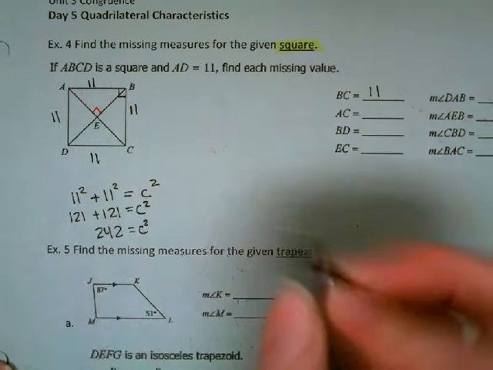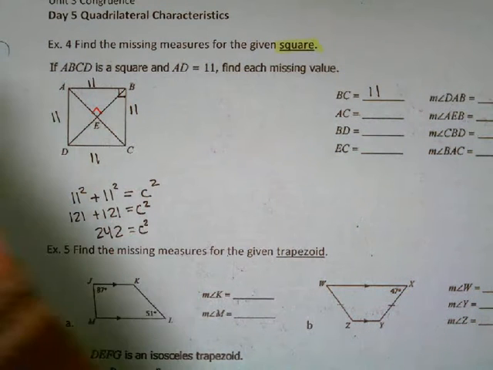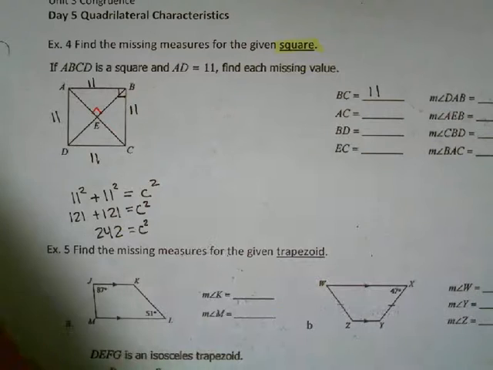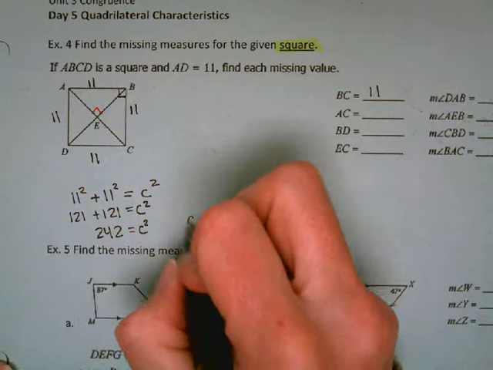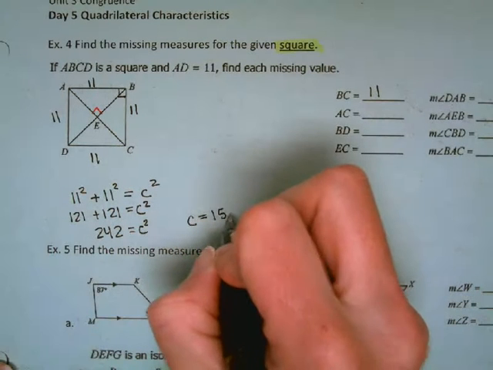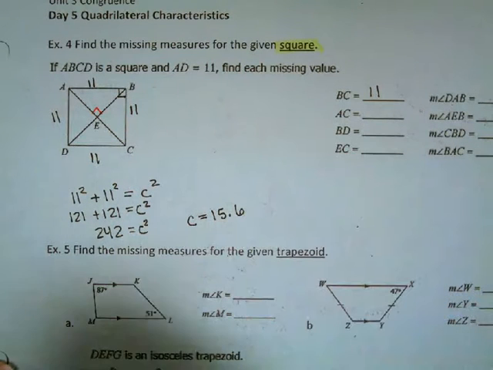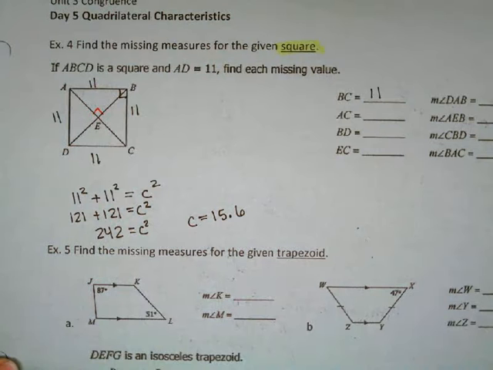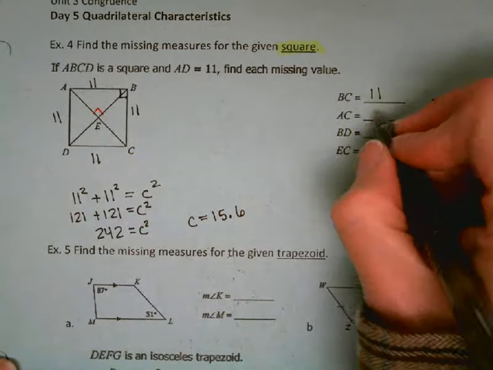So I'm going to take the square root of 242, and we'll say about 15.6. So the diagonal AC is about 15.6.